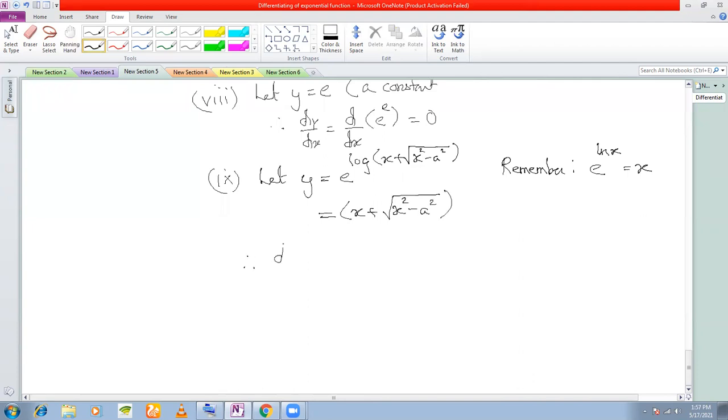So therefore, dy/dx is simply, you have to differentiate this. So if you differentiate this, first is d/dx of x, which is 1, plus d/dx of root of x square minus a square. First of all, you will differentiate the root. You get 1 by 2 root x square minus a square.